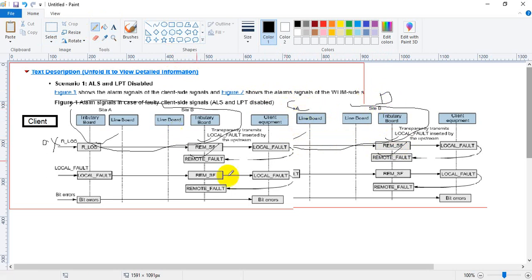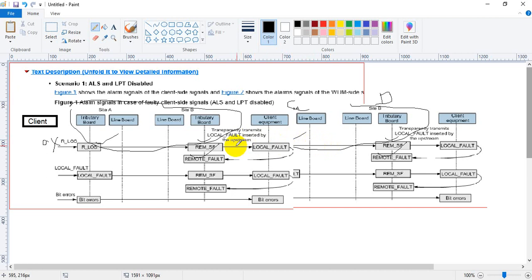In manuals and scenarios, we always study only one direction and get confused, but we need to understand carefully what kind of scenario we have. Does the client mentioned here belong to a customer, or to the same operator?